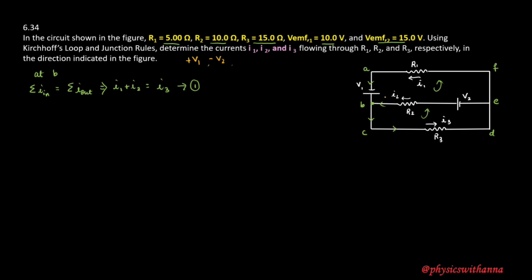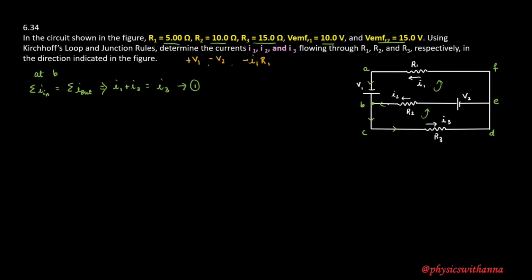For resistors, on the other hand, while going around the circuit, if I'm moving in the same direction as the current, then the potential drop across the resistor is taken as negative. So while going from F to A, if I'm going in the same direction as current I1, the potential drop across resistor R1 will be negative I1 R1.